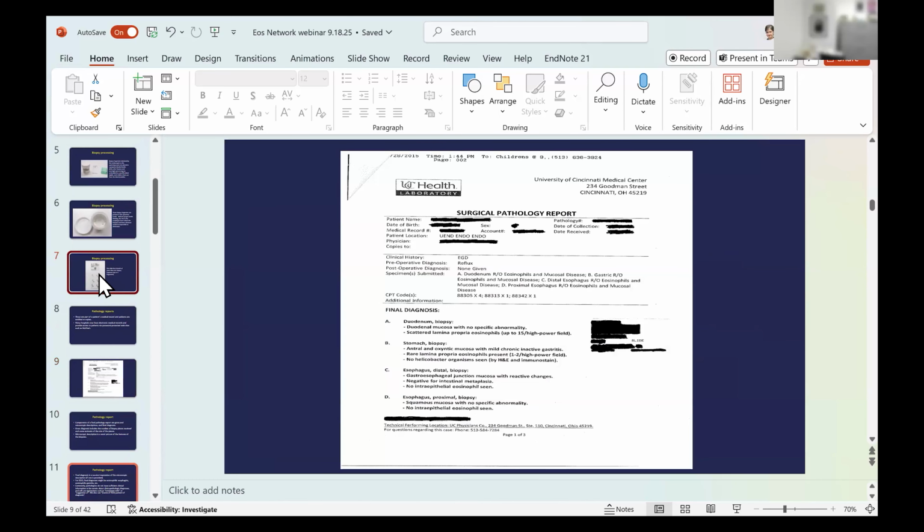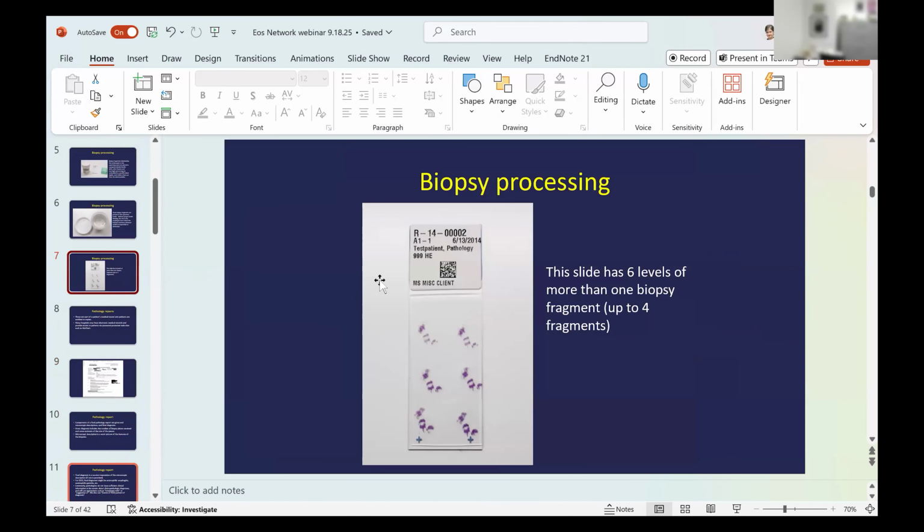And so here on the slide, we have what we call levels. So there are 6 levels on this slide. These are all the same pieces of tissue, but each one is different. Each level is different from the other on the slide.